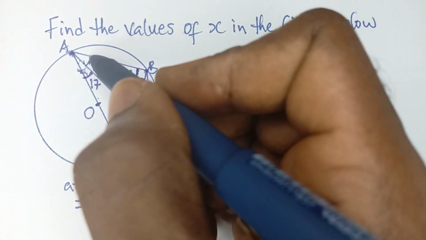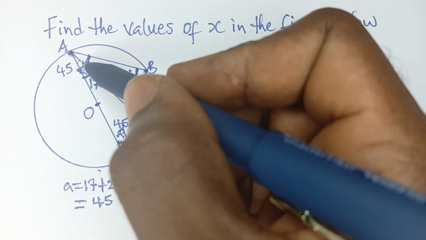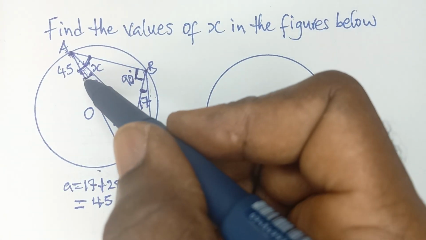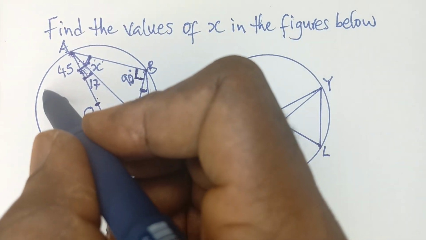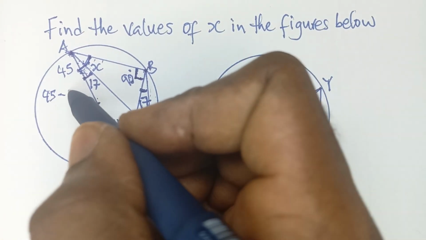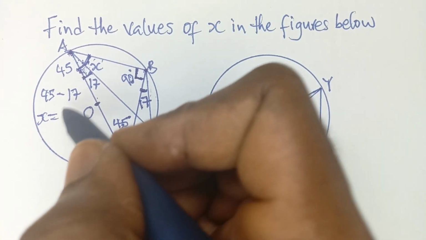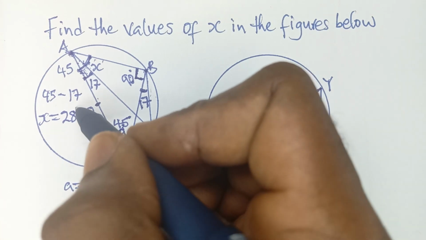So if this full angle here is 45 degrees, then how do we now get x? We are simply going to say 45 minus 17. That will give us this part that is x. So 45 minus 17 will give us x is equal to 28 degrees.